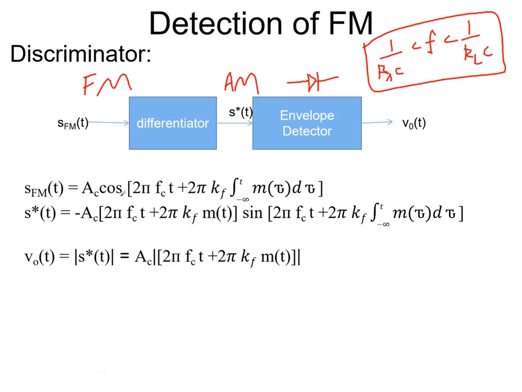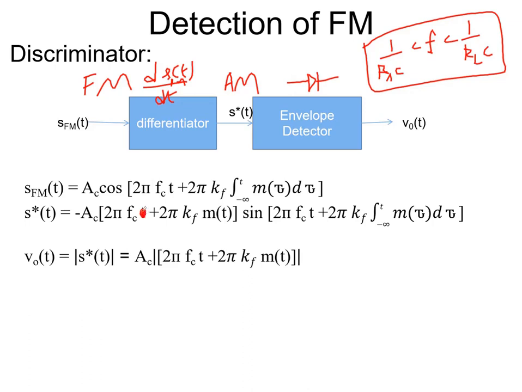You know your FM signal: AC cos(2 pi fc t plus 2 pi kf integral of m of tau d tau). Then differentiation means what is it doing? It is just doing ds of t by dt. It's not doing anything else. Now whenever you take the differentiation of cos, it is minus AC sine. Then inside you have 2 pi fc t. Differentiation of 2 pi fc t is how much? 2 pi fc. Sorry, there is no t here, you may remove this t.